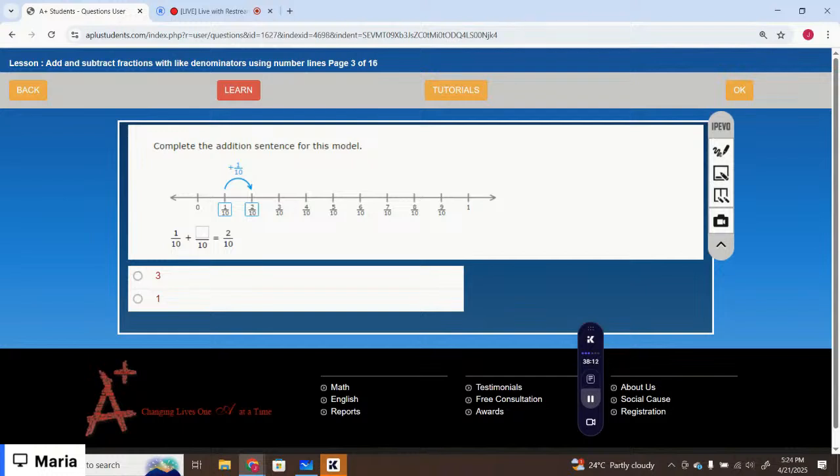So which is the correct option? 1 by 10 plus 1 by 10 equals 2 by 10 because 1 plus 1 is 2.